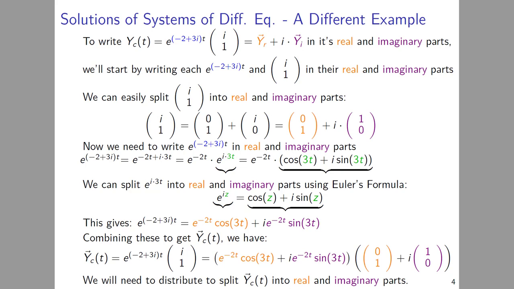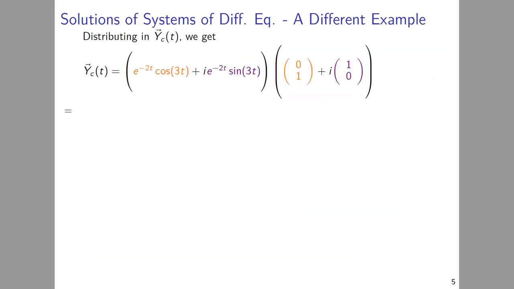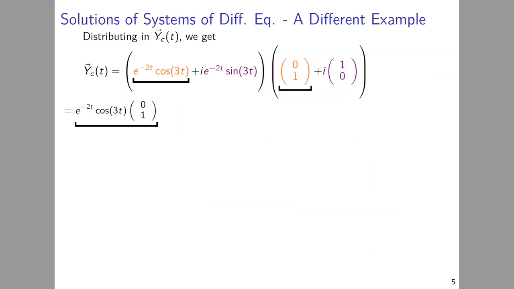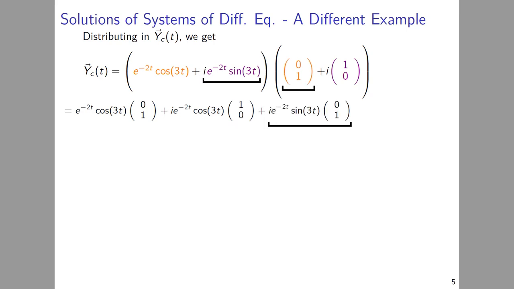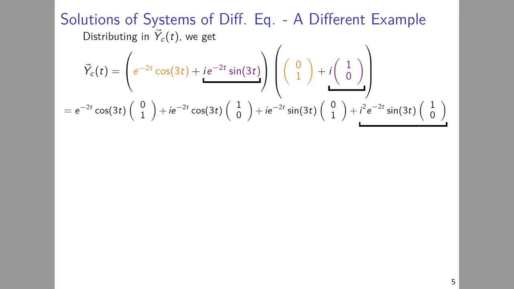Distributing in yc, we get that yc is equal to e to the negative 2t cosine 3t times the vector 0, 1, plus i times e to the negative 2t cosine 3t times the vector 1, 0, plus i e to the negative 2t sine 3t times the vector 0, 1, and finally plus i squared e to the negative 2t sine 3t times the vector 1, 0.